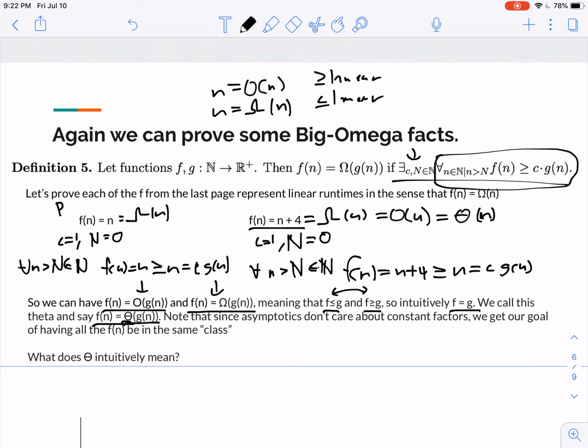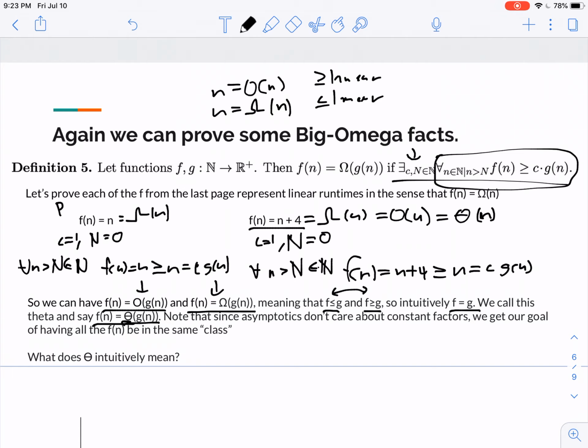So if we think of everything that's in theta of n as being the same class of runtimes, because essentially they all run in linear time up to some constant, then n is in that, n plus 4 is in that, 2n is also in that. I left out the proof of 2n being in big theta of n because it's basically the same as the other ones. But that shows that our definition really matches what we set out to do originally.